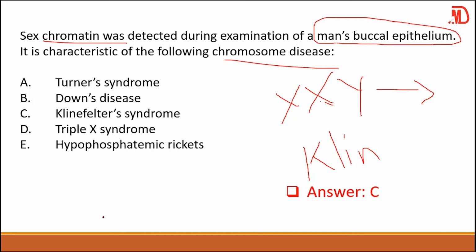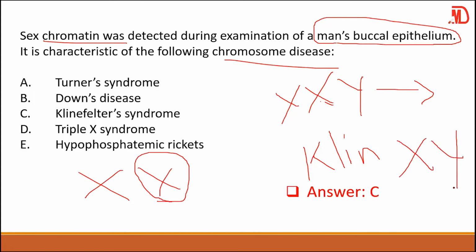Now, a normal female, XX, has one Barr body. It has only one inactive X. And a normal male, XY, has no Barr body.